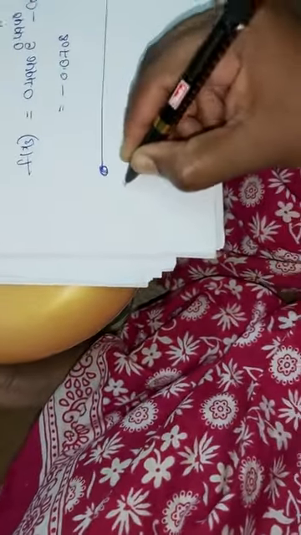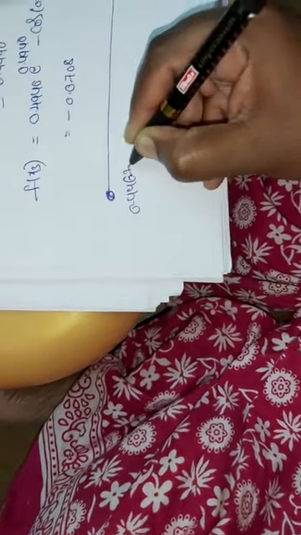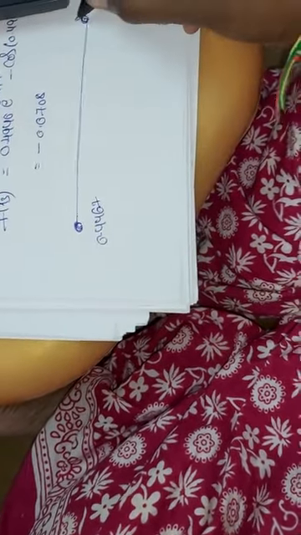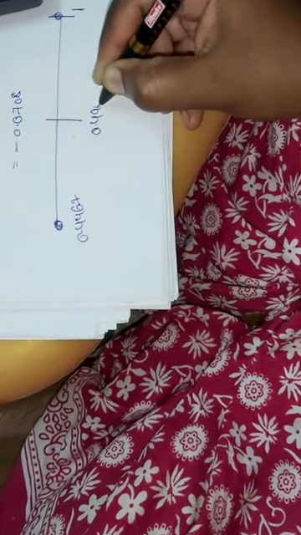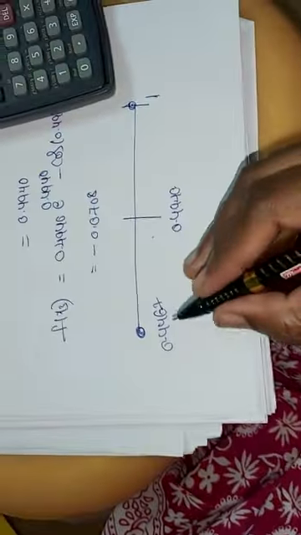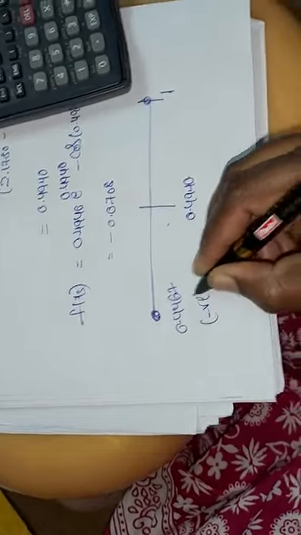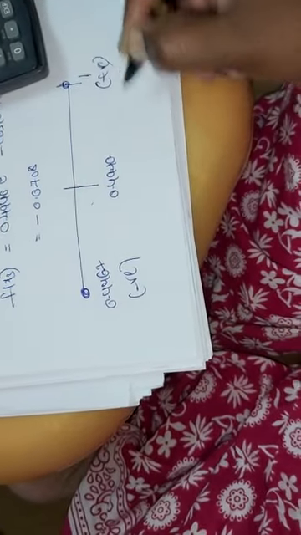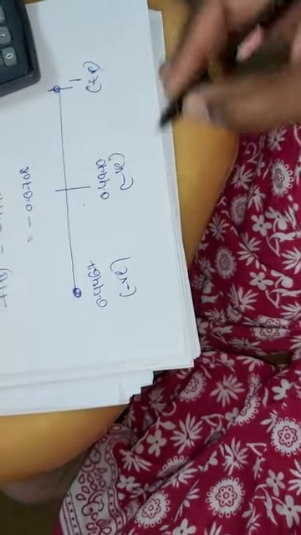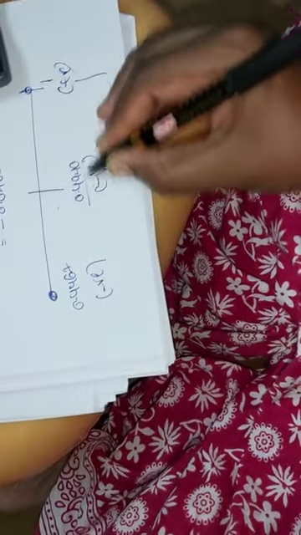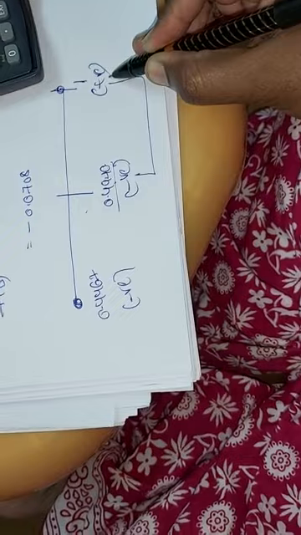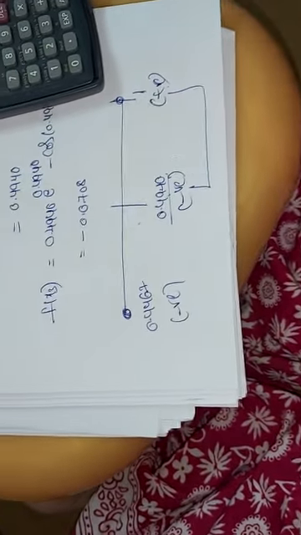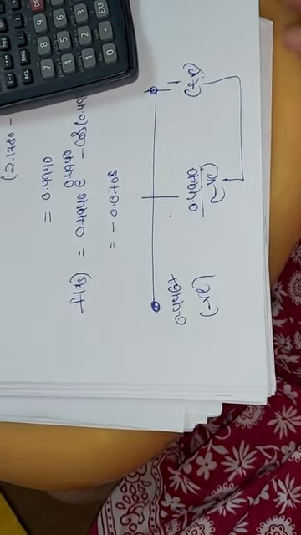So this is 0.4467 and this one is 1. In between we take 0.4940. This is negative, this is positive, and again this one is negative. So the root lies between 0.4940 and 1. Continue this procedure until we get the total value.